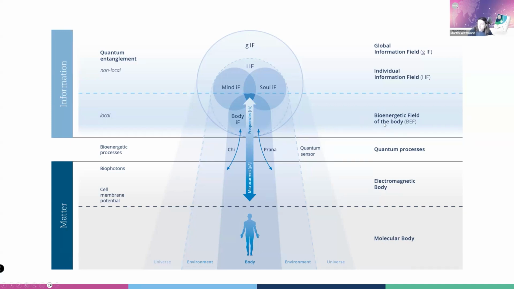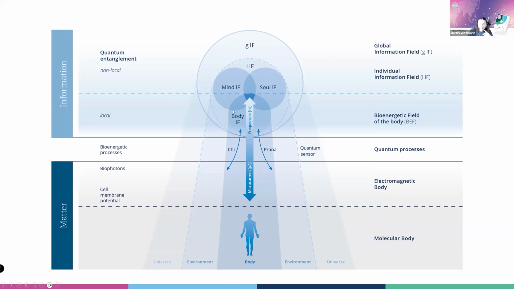So what we have at the next is the bioenergetic field of the body. There, of course, it's something that you cannot see, or some people can see parts of the bioenergetic field, but you know that you have it because there is energy going around all the time. And then, of course, we have the individual information field and the global information field.